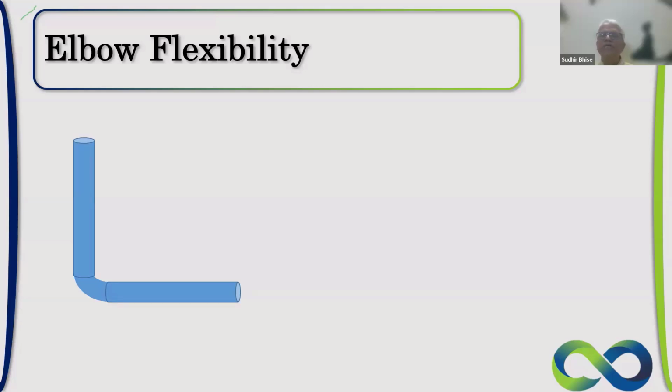But that will not change the basic property, which is the radius of the pipe or radius of the bend. So that is really not going to contribute much to the flexibility or rigidity of the bend. 5D, 6D, anything more than 1.5D, they are termed as bends. Normally, that is the terminology that is being followed. Miter bends also.